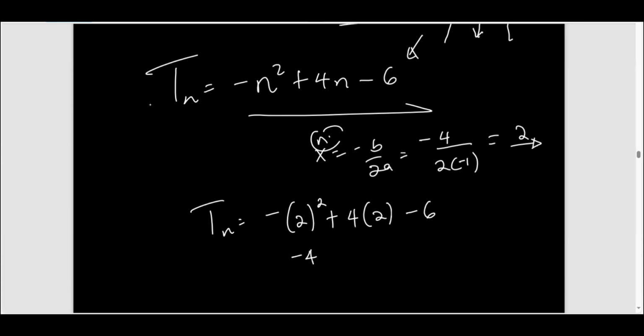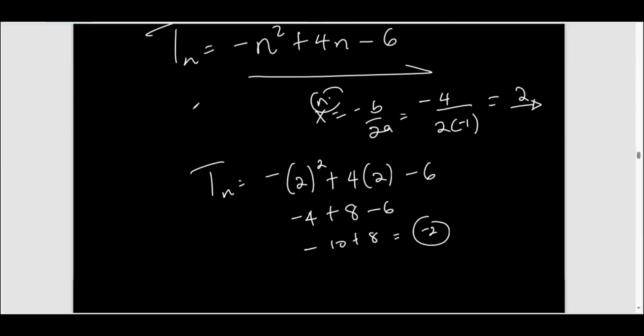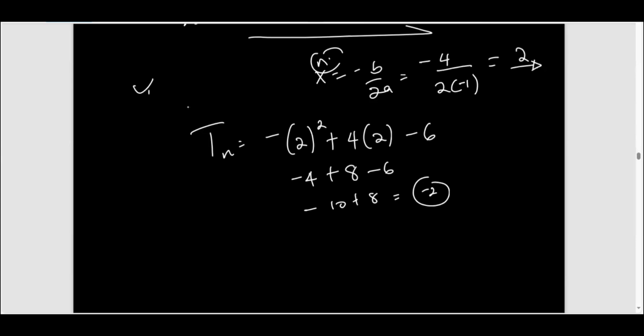That's negative 4 plus 8 minus 6, which is negative 10 plus 8, which is negative 2. Now, since we've just obtained the maximum value, which is negative 2, it simply means that the function can never go above the horizontal axis.